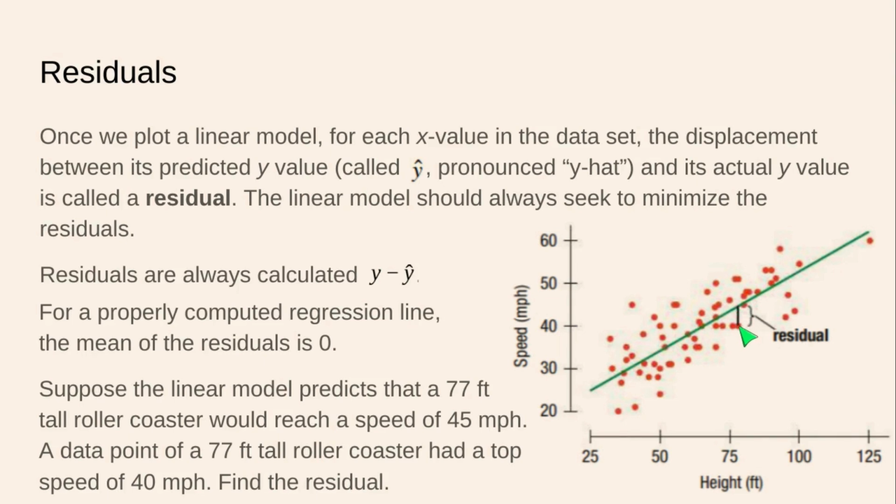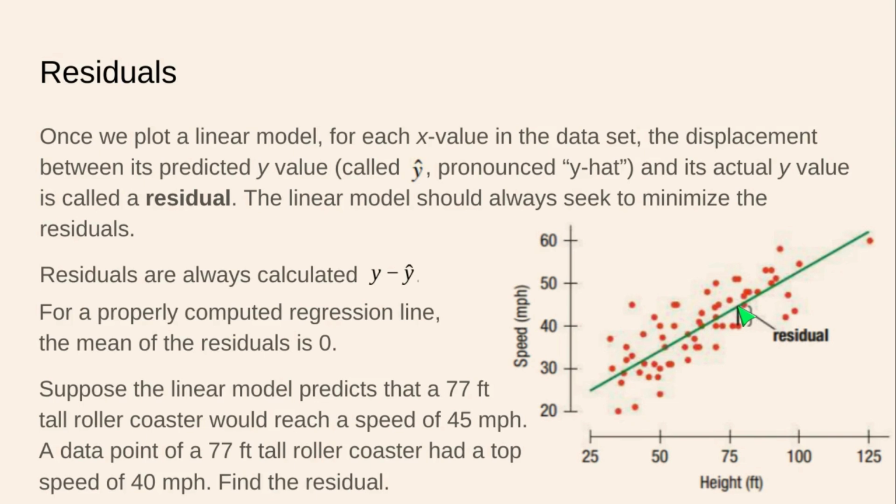Find the residual. Well, we have to look at the y values here, and those are speeds in this context. The value for y is going to be 40. That's the actual data value. And this 45 here is the predicted y value. It's what the line of best fit, this green line here, predicts is the top speed for a roller coaster of that height.